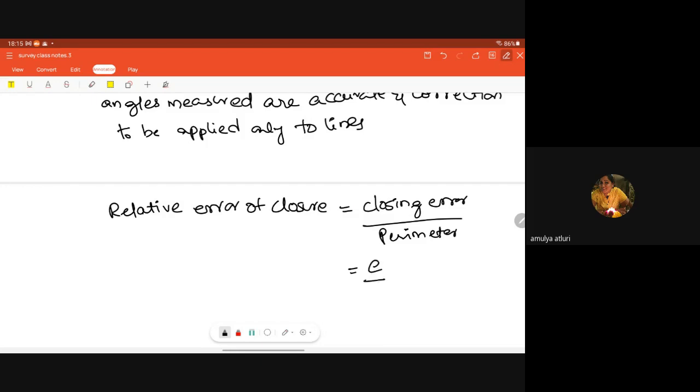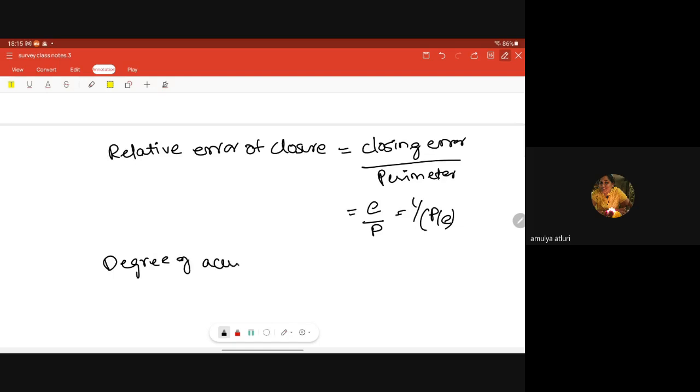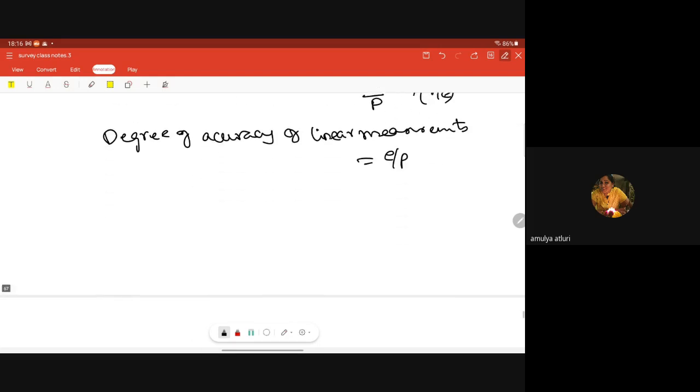So E by P, I can take it as 1 by E by P. Okay. So degree of accuracy of linear measurements is nothing but E by P. Okay.